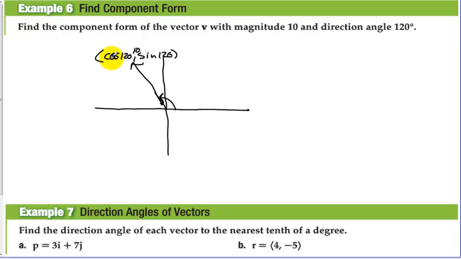We have a magnitude of 10, so we just multiply the cosine and the sine times 10. So the component form is 10 cosine of 120 and then 10 sine of 120. Cosine of 120 is negative 1/2, so this is negative 5, and the sine of 120 is square root of 3 over 2, so this is 5 square root of 3.